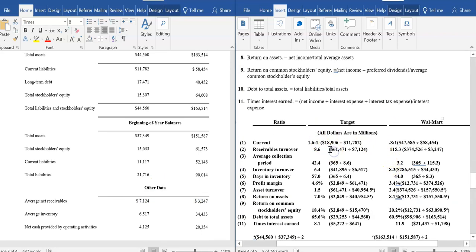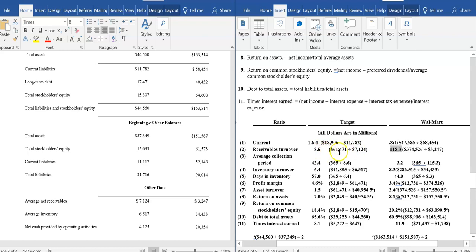We will take the total amount of net sales divided by the average receivables for Target and do the same for Walmart. 8.6 receivables turnover for Target, 115.3 for Walmart. That is measuring how quickly they are turning over their receivables that they are taking in as sales.